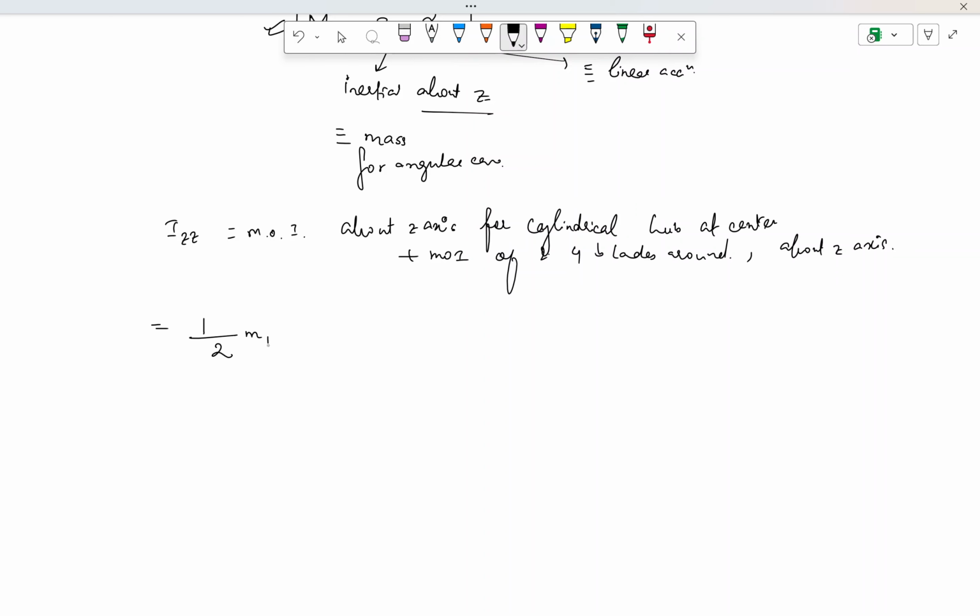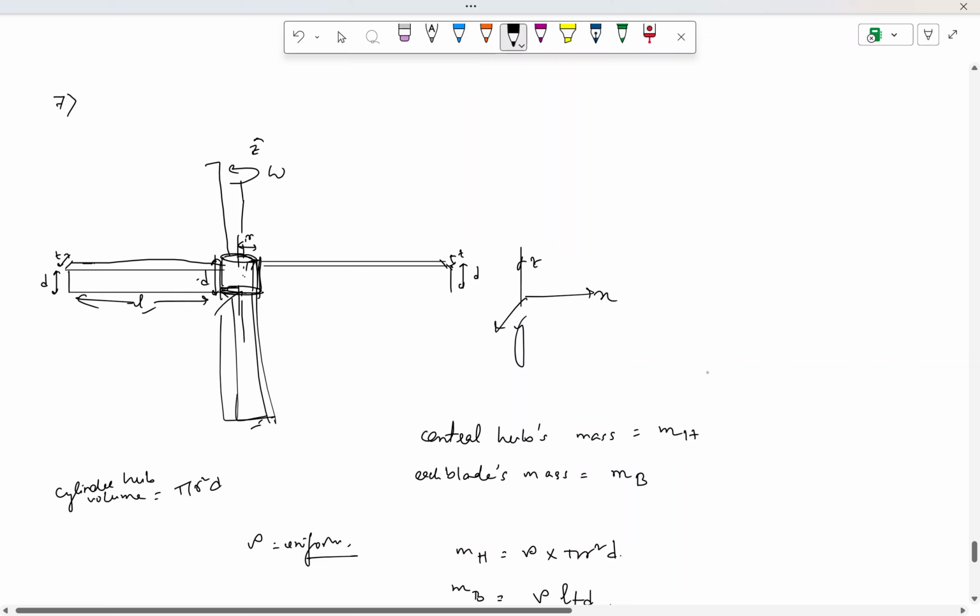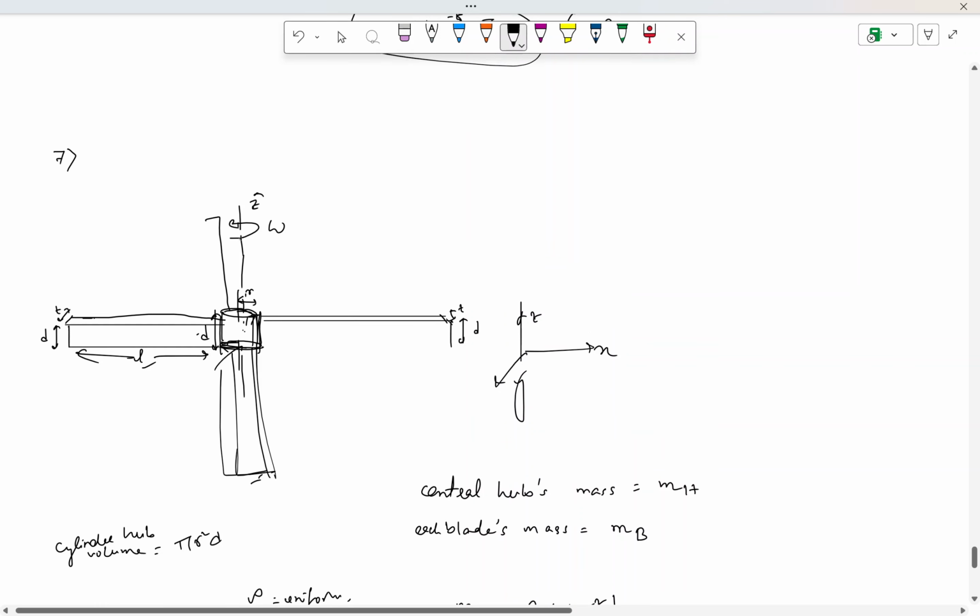In this case it is half mh into r square, because r is the radius of the hub, plus, because there are four such blades, four times the moment of inertia for the blades, which has components like 1 by 12 mb L squared plus mb times (r plus L by 2) whole squared. And we have to do this because we are choosing the axis of rotation universally as the Z axis, situated here, for all the four blades and the cylindrical hub.